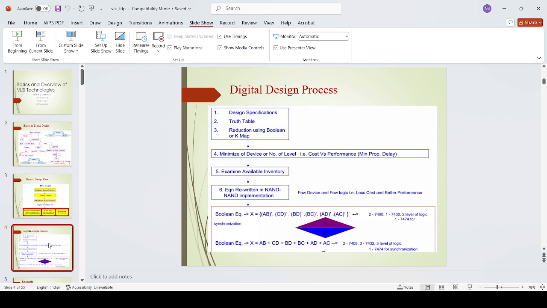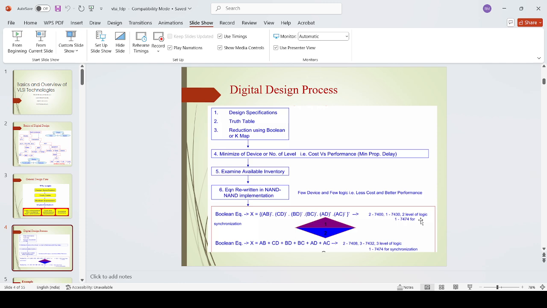Now here, there are two examples if we consider. For the first example, X is equal to (AB)' into (CD)' into (BD)', like that. In this example, if we implement all these steps, the final design will consist of one 7400 IC, one 7430 IC and 2 levels of logic, and one 7474 for synchronization.